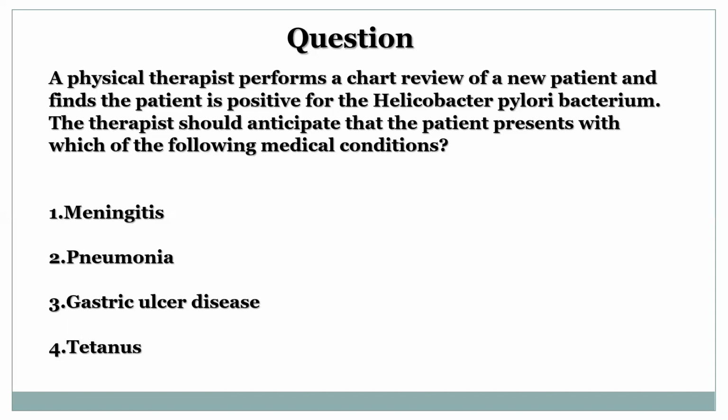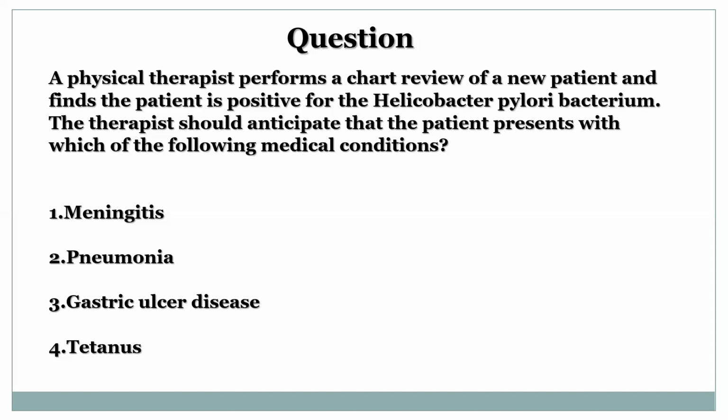Gastroduodenal ulcers must be treated with antibiotics, primarily amoxicillin or clarithromycin. So two types of antibiotics mainly, and they may be combined with other medications to enhance the healing process of any ulcers that are present.